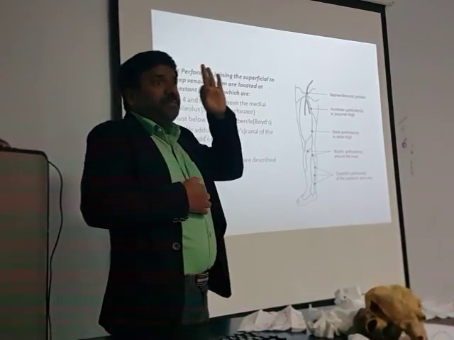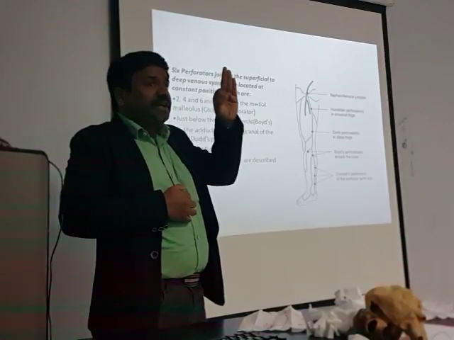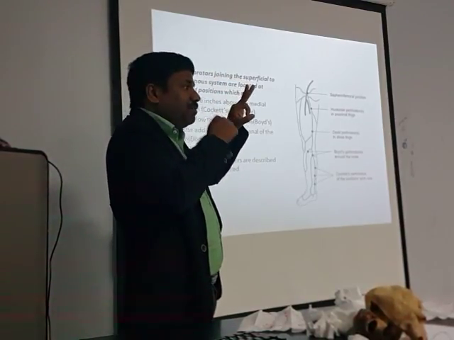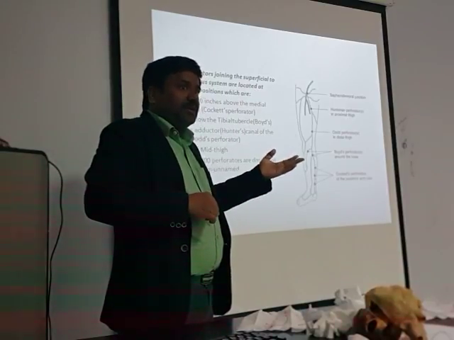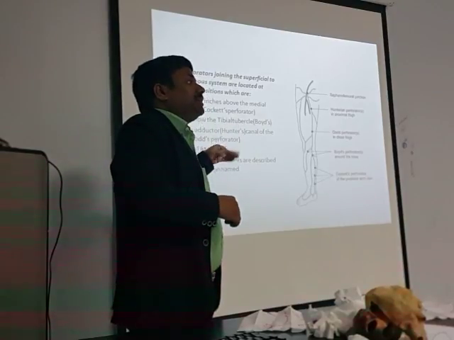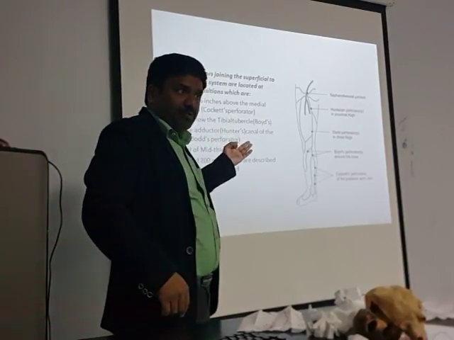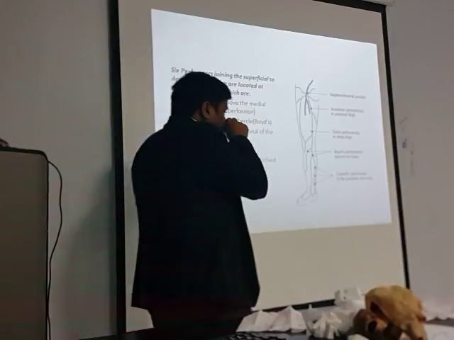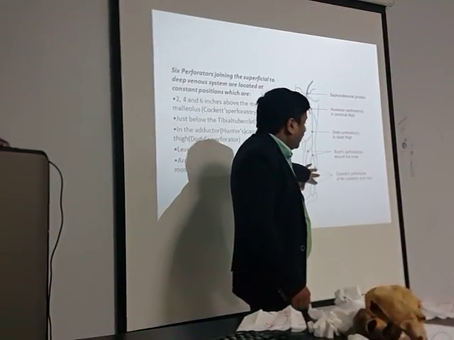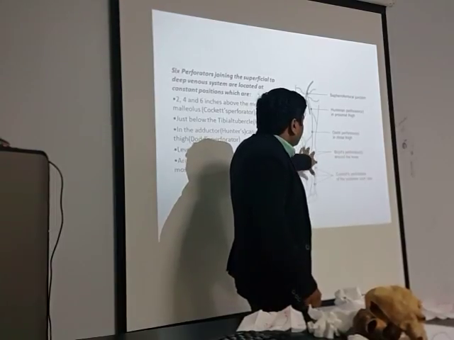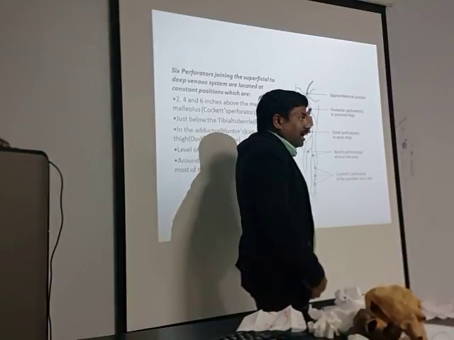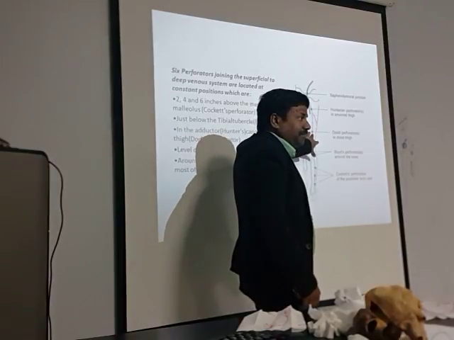Some big perforating veins connect superficial to deep veins, and where they are present is clinically important to check whether there is a problem with the deep veins, and it also helps in surgery for the treatment of varicose veins. You find 3 ankle perforators, some at the knee joint area, and 2 in the thigh, 1 in the adductor canal and 1 at the mid thigh.